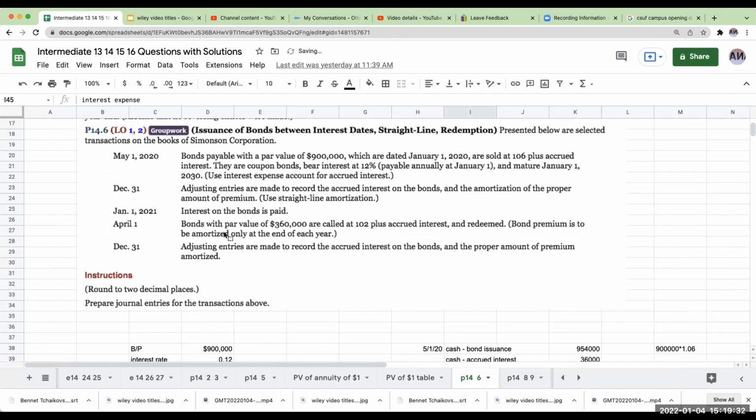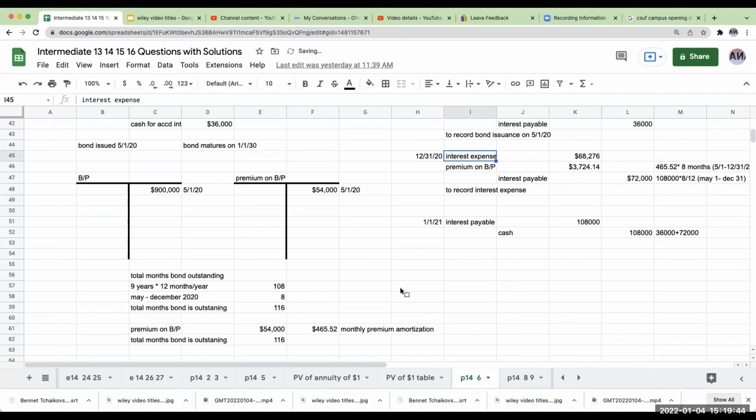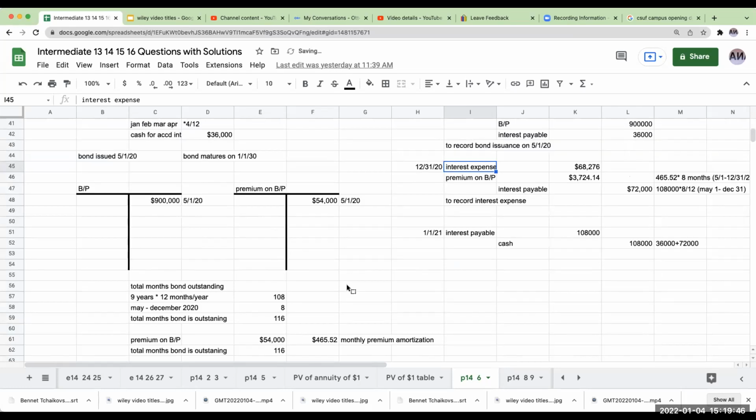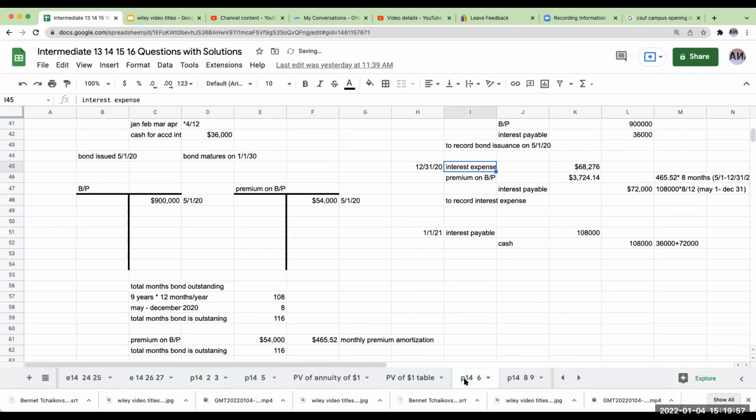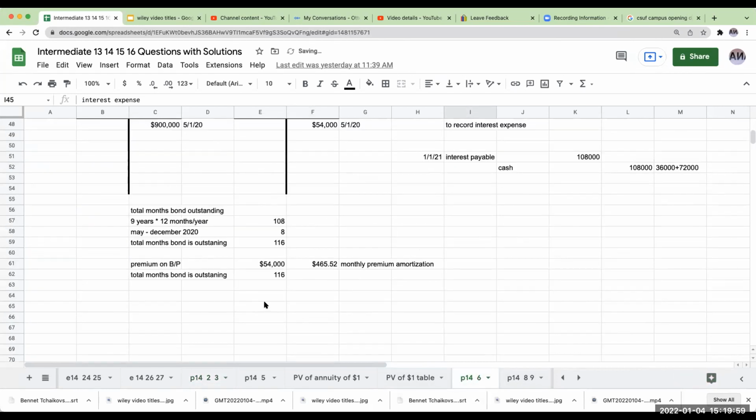Okay, so bonds with a par value of 360,000 are called at 102 plus accrued interest and redeemed. The bond premium is to be amortized only at the end of each year. I don't know what that means, but given my past redemption problems, it took me 3 tries to get problem 14.2 down, so I'm going to follow the same path I've done before.